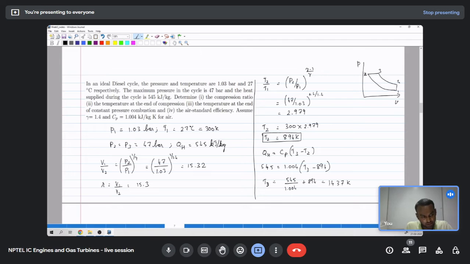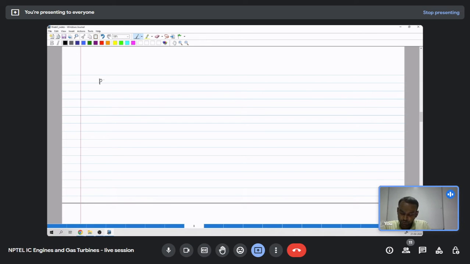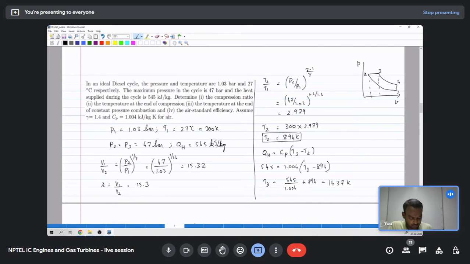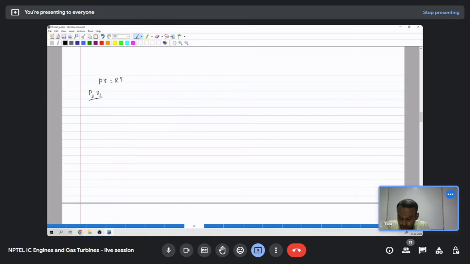Now we can calculate the cutoff ratio by using this temperature to volume relation. Now we know from ideal gas equation, PV equal to RT. Now we want to compute between 2 and 3. So I would write P2 V2 by T2 is equal to P3 V3 by T3. Now between state 2 and 3 the pressure is same.